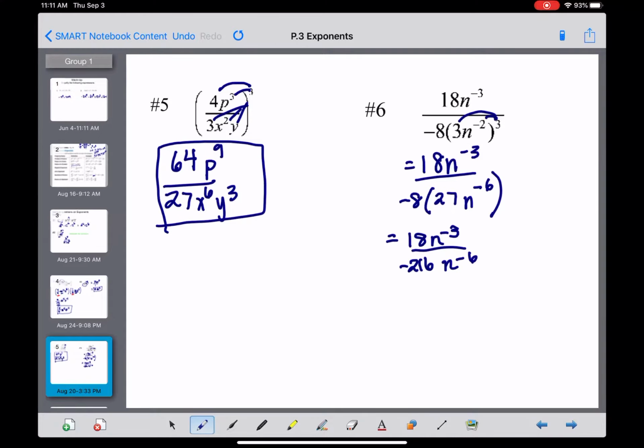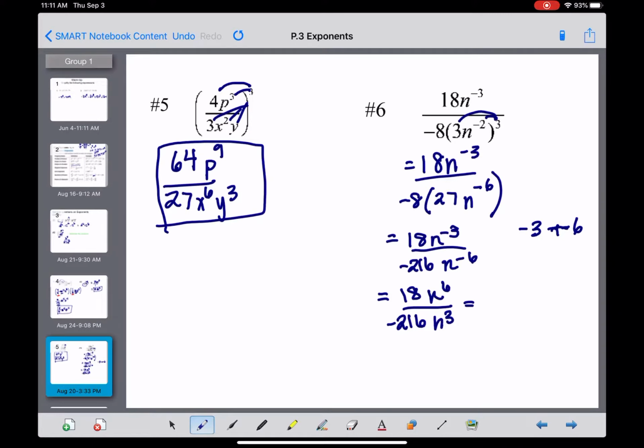However, you could also just subtract here. So you could take -3 minus -6, which is just +6. So you're going to end up with an n to the 3rd. Either way will work. Sometimes students find it easier to just switch them and make them positive, so I'm going to do that here. n to the 6th, and on the bottom we have -216 n to the 3rd.